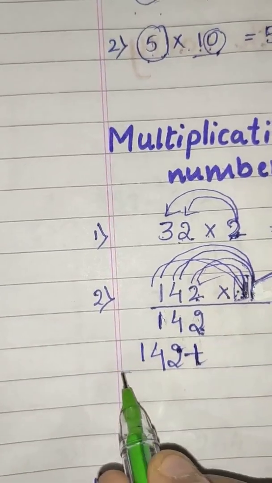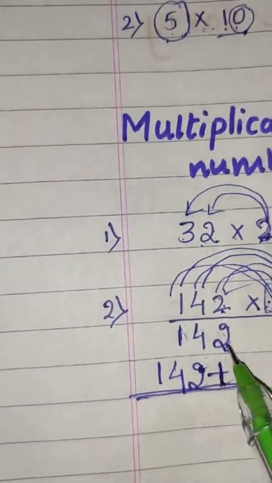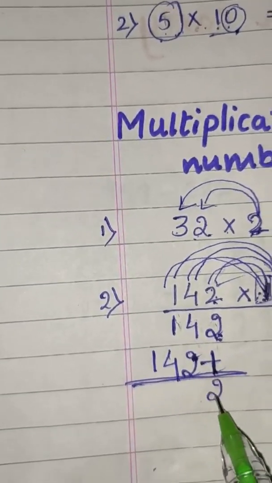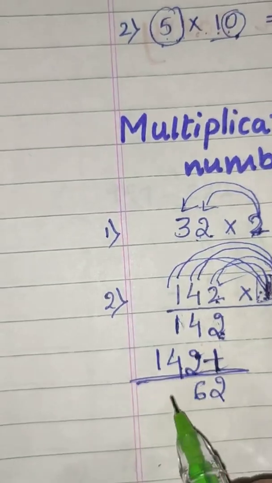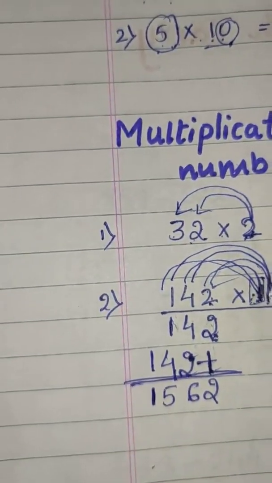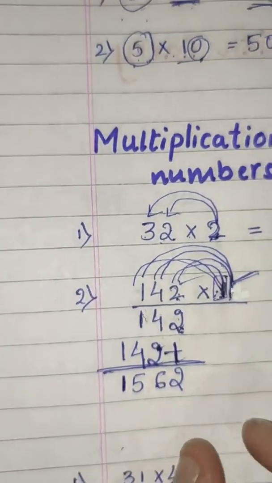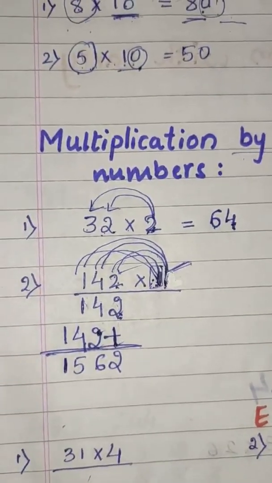Okay, so now we have to add it. So 2, here it is 2, 4 plus 2 is 6, 1 plus 4 is 5, 1 is 1. Understood, children? So this is multiplication by 2-digit numbers.